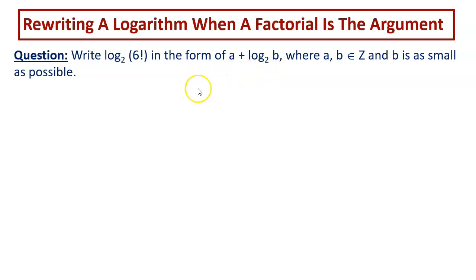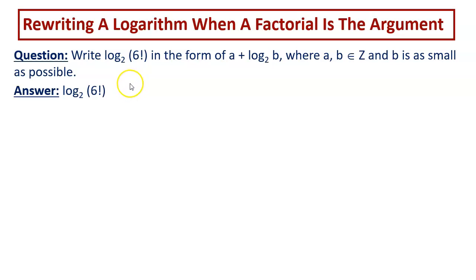So let us start with our answer. Log of 6 factorial to the base 2, and how do we write the factorial notation? In case you do not know, the factorial notation is in fact given to us. But what is this equivalent to? If you do not know anything about factorials, I would definitely be asking you to watch one of my previous videos on factorials.